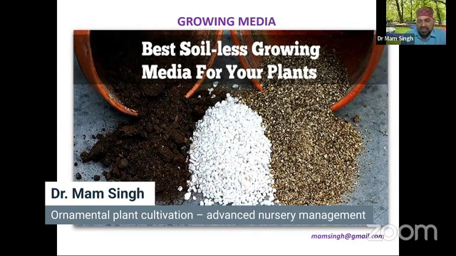Making more media amendments is of no use, because these three components are inert, they do not have any nutrients themselves, and they do not interact, except coco peat when it is decomposed and well adjusted with the pH. It does not counter the pH of water and the other fertilizers, so it acts as an inert growing medium.